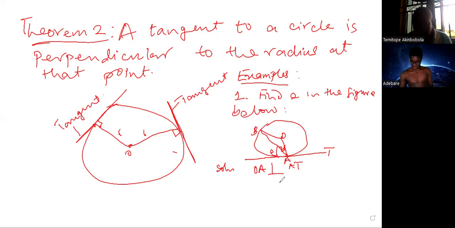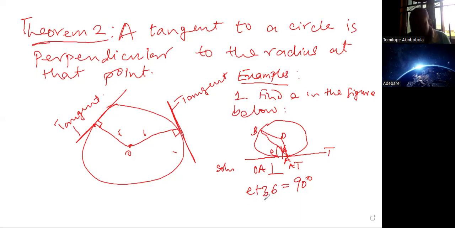Do you agree with that? Yes, sir. So meaning that if I say that E plus 36 should equal 90, because the whole of this angle from this radius to the tangent is 90. Do you get that now?